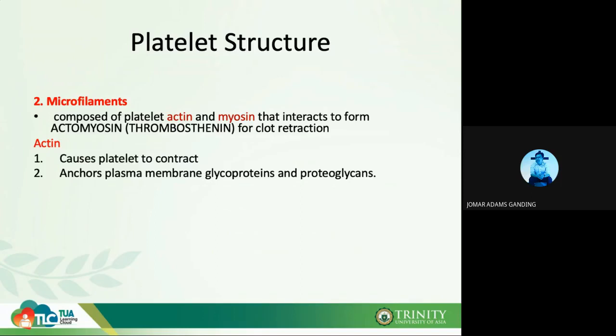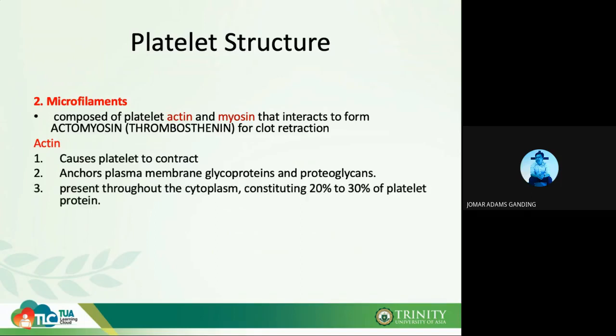Remember, on the surface of your plasma membrane, you have your carbohydrates there that serve as your antigens. Those are your glycoproteins. They are also present throughout the cytoplasm, constituting 20 to 30% of the platelet protein.